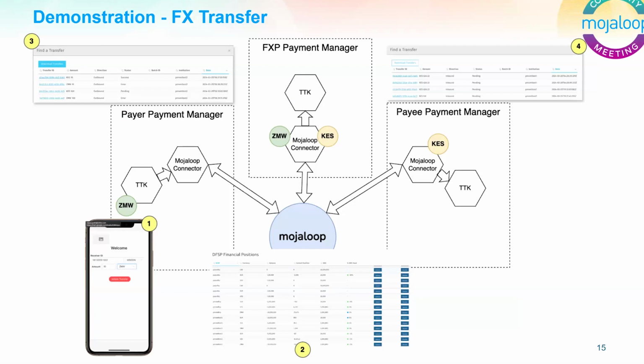scene a little bit. This is a hosted, fully secured Loop, so it's running with full security. The connections that we have built for the payer, the payee, and the foreign exchange provider are going through secure connections. They're going through payment manager.